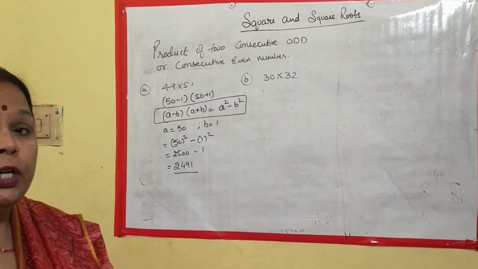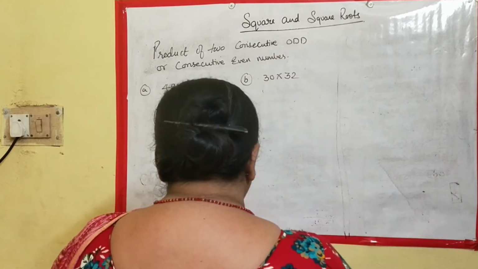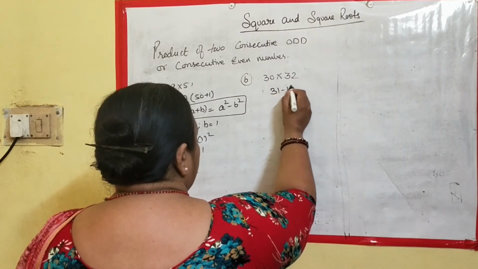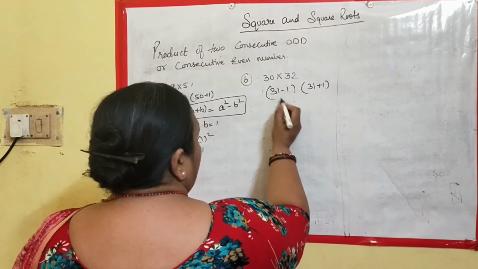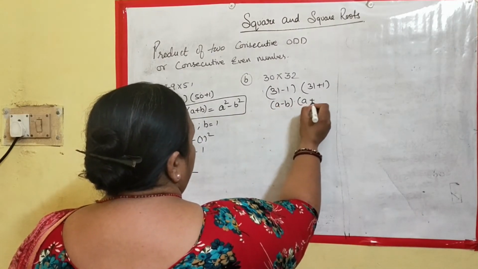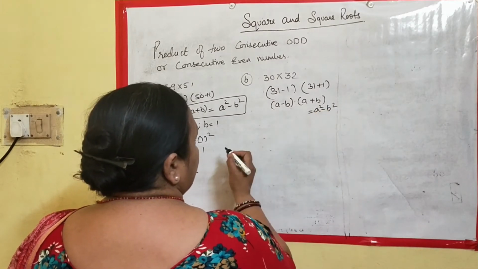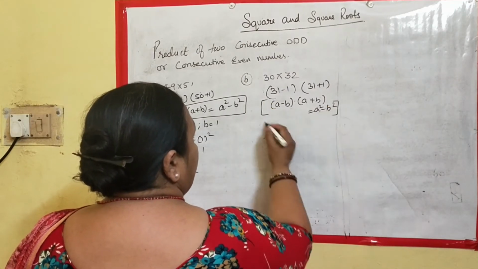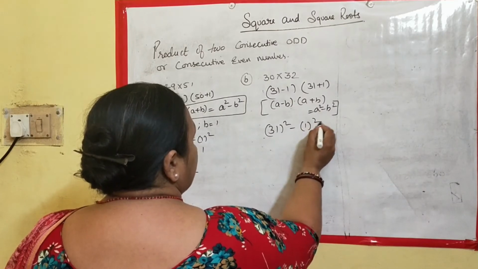Now moving for 30 into 32. Now when we are solving 30 into 32, this can be written as 31 minus 1 and this can be written as 31 plus 1. Here again same, a minus b and a plus b is equal to a square minus b square. Now when this is a square minus b square, your a is what? 31 square and what is your b? 1 square.